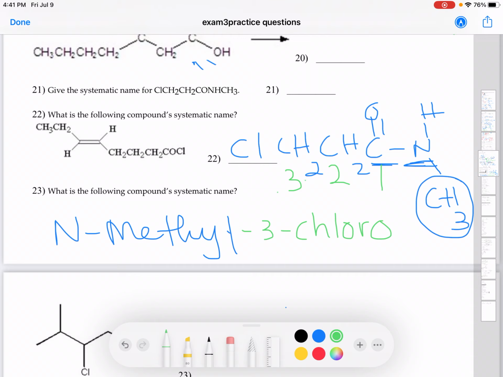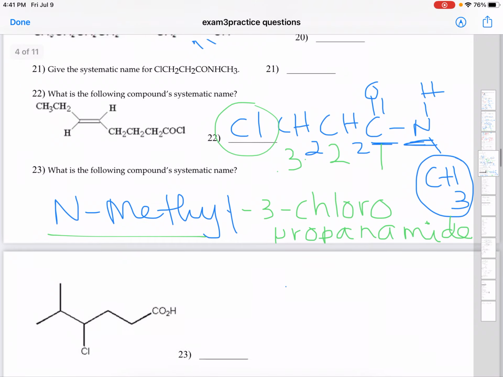So then it has to be propanamide. And we specified that the nitrogen carrying a methyl group, N-methyl. And then in the propane side carbonyl group, there is a chlorine on the third carbon. So 3-chloro propanamide. Okay, that's how you would name that.